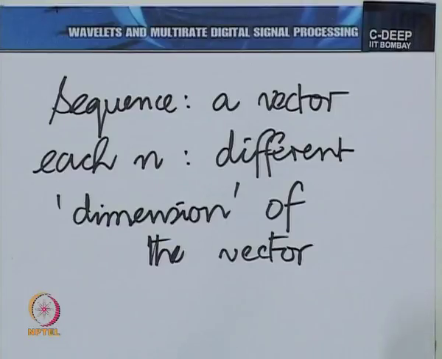And once we have this analogy, then extending other ideas of vectors to this context is not difficult at all. For example, adding two vectors, simple, add the sequences point by point. Multiplying a vector by a constant, very simple, multiply each point of that sequence by that constant.